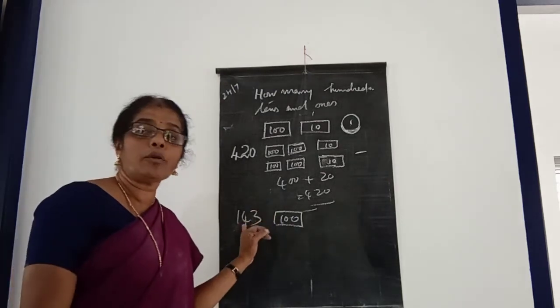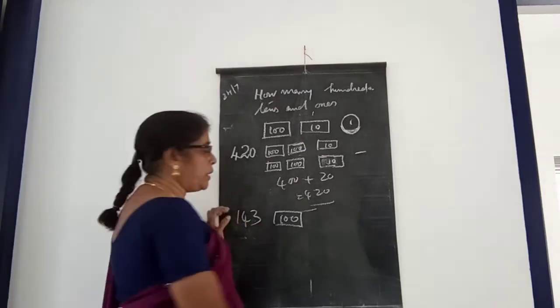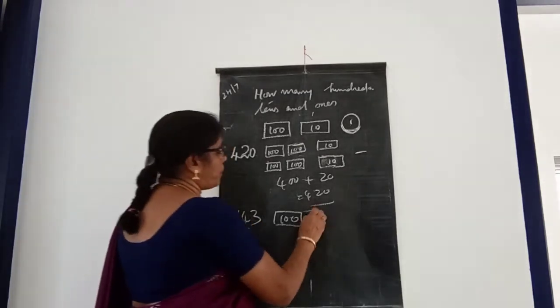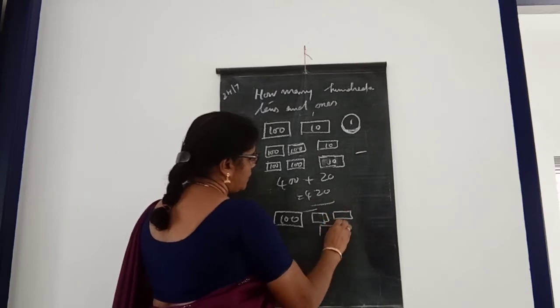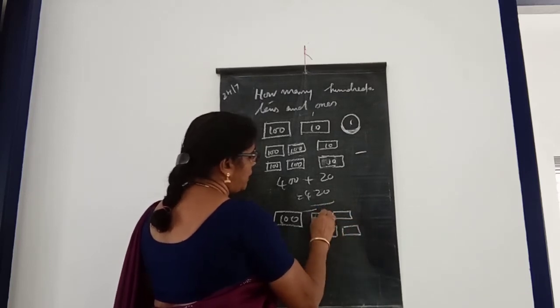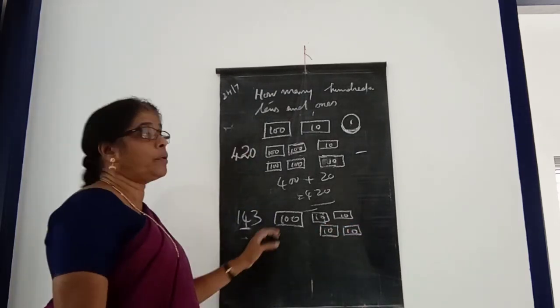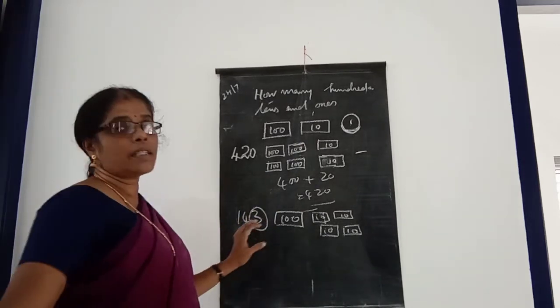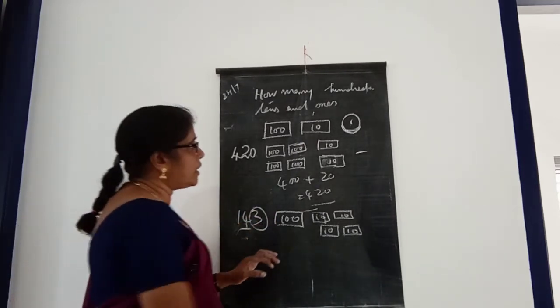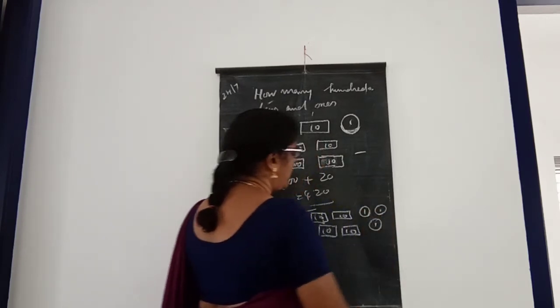And how many 10 rupee notes to give? 4 ten rupee notes, isn't it? 1, 2, 3, 4 ten rupee notes needed. And how many 1 rupee coins needed? Look here, this is the ones place, that is 3 one rupee coins needed.